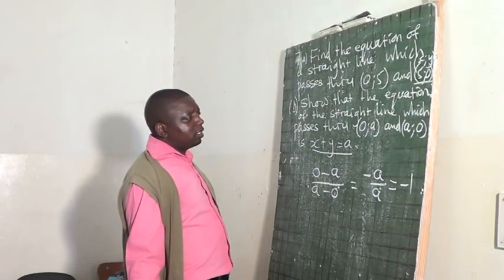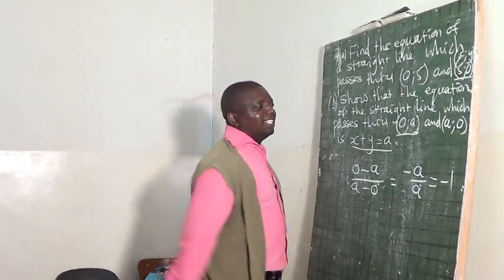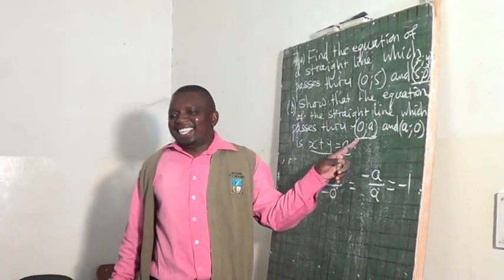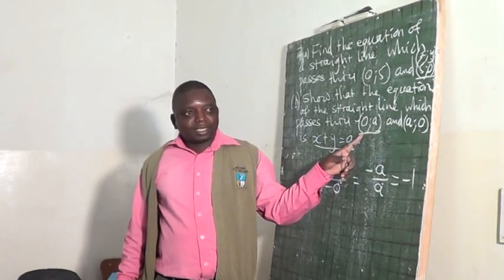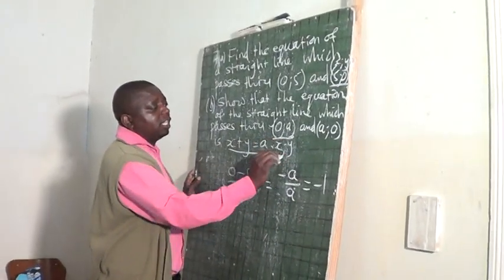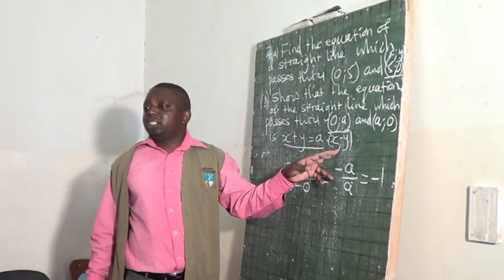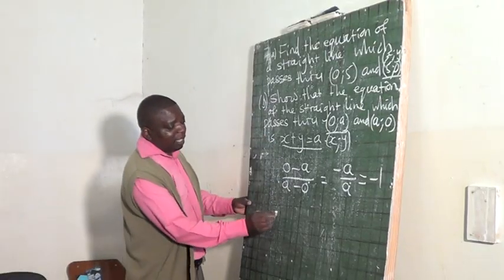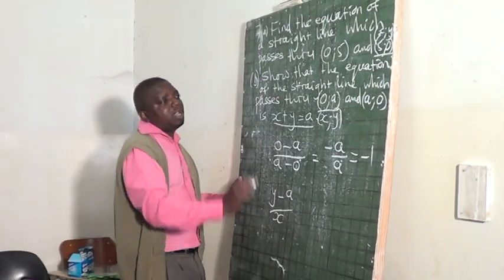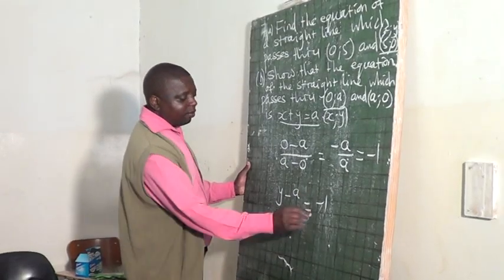Take (a, 0) and (0, a), and let the unknown point be (x, y). With the two points, you write down the expression for the gradient: y minus a over x minus 0 is equal to minus 1 over 1.